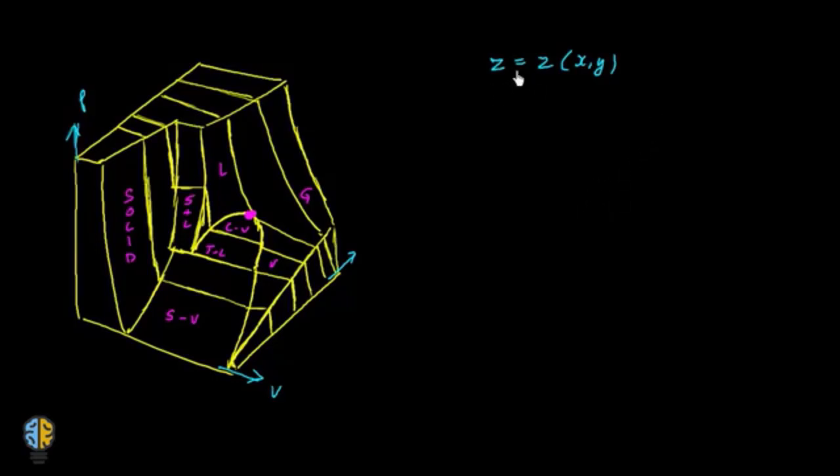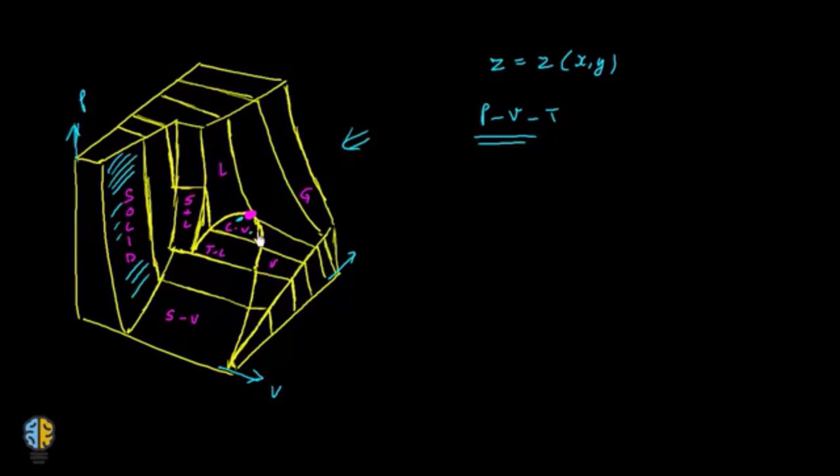So we can represent the pressure, volume and temperature behavior of a substance as a surface in space, and this is a surface which is shown. In this is the solid region. This is the liquid plus vapor region.